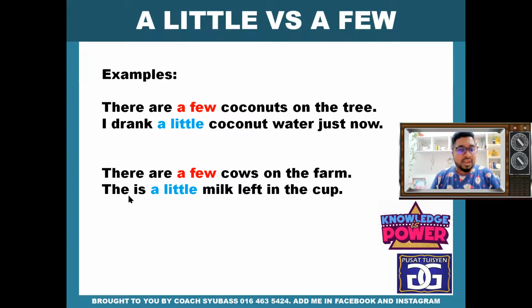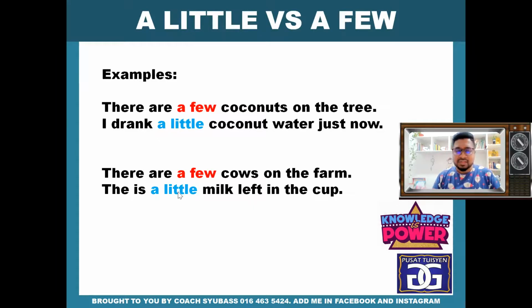But when I use a little milk, maybe it's a lot, half cup of milk is still quite a number, kan? Quite a quantity, quite an amount, kan? But I use is. Sebab tu saya kata petua hukum singular. Kalau uncountable noun, we use is. In sentences, we use them as singular forms. So there is a little milk left in the cup.